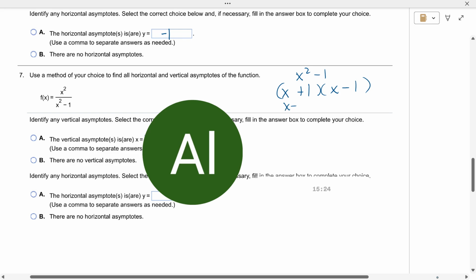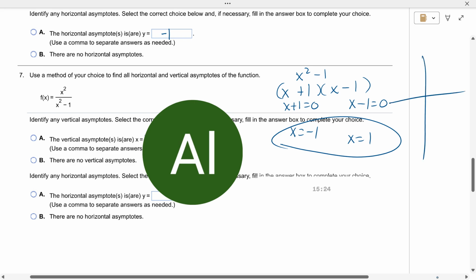So x plus 1 equals 0, so x equals negative 1. And x minus 1 equals 0, so x equals 1. So it has 2 vertical asymptotes. So it would look like this. We'd have a vertical asymptote here and a vertical asymptote here. Okay?